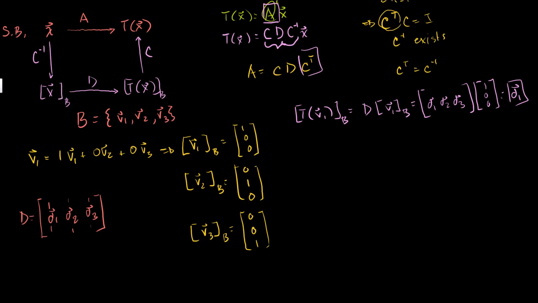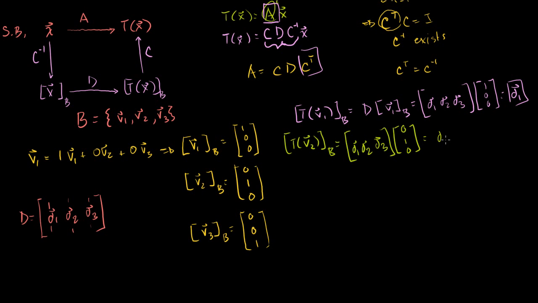Now we could use that exact same argument. Let me shift to the left a little bit more. I was running out of space on the right. So the transformation of v2 in B coordinates is equal to D, which is D1, D2, D3, times v2 represented in B coordinates. So that is 0, 1, 0.